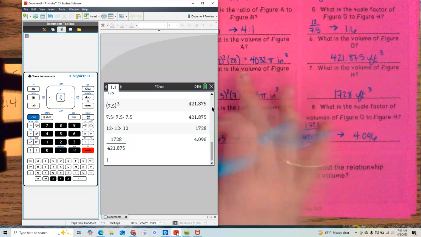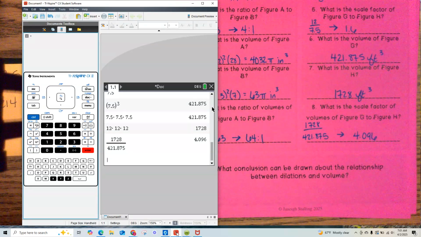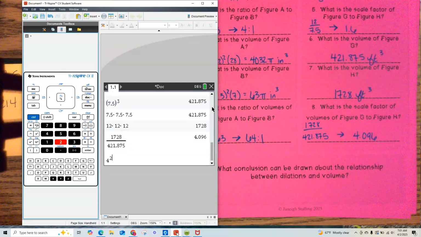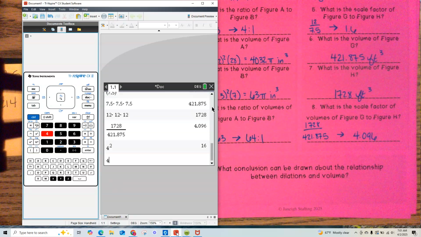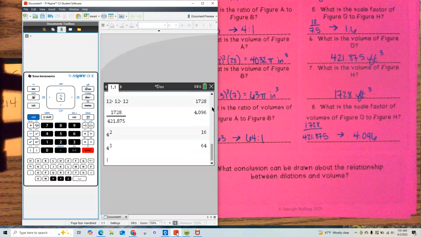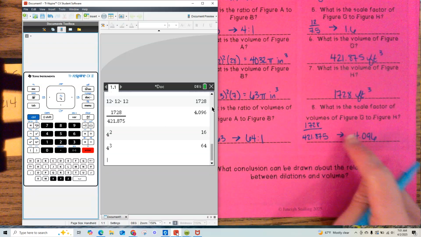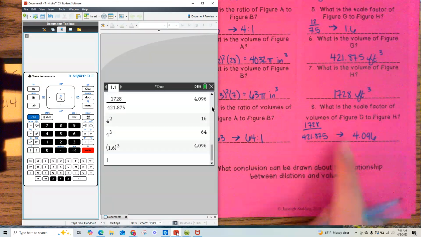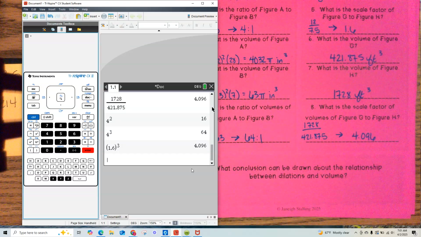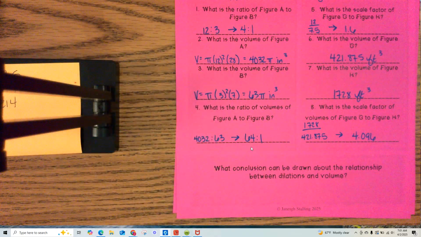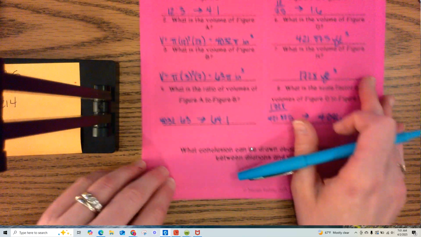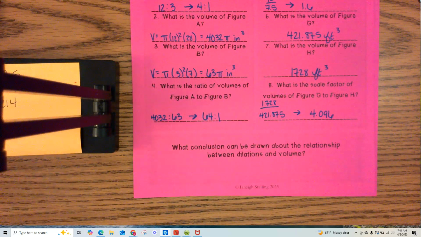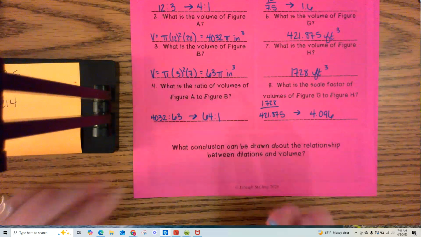If you multiply the 1 by anything, it's not going to change. So it has to be an exponent. So 4 squared is 16, 4 cubed is 64. The same thing happens here. If I take that scale factor and I cube it, I get the scale factor from the volumes. And so just like when we did area, when we're doing volume, we can cube the scale factor.